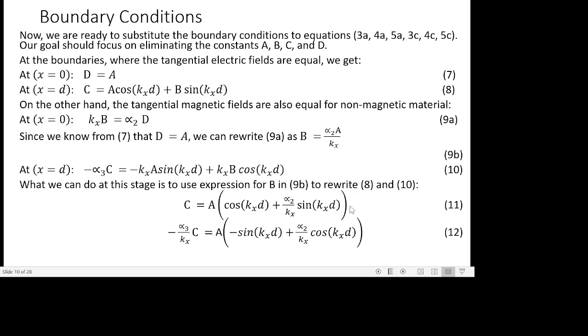Now, the trick here is we are going to eliminate the constants A and C. The only way to eliminate the constants A and C is to find the ratio, which divides equation 12 by equation 11. We find the ratio of these two equations.